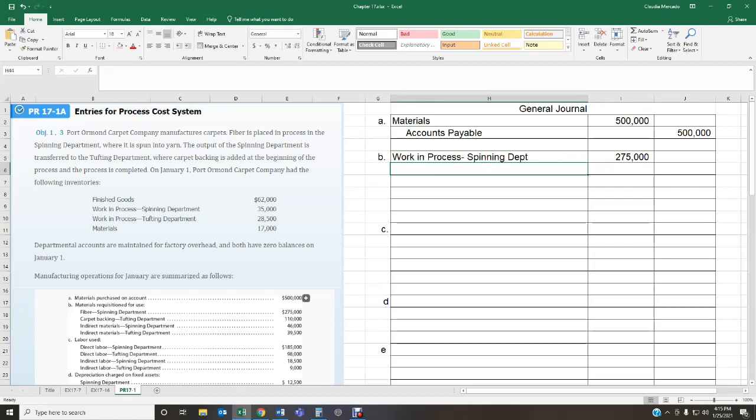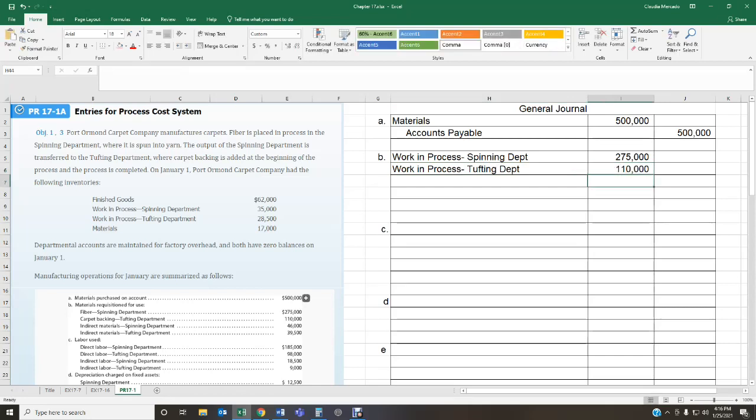So we got the material from the warehouse, and now we put it into our working process because now we've started using or manufacturing the carpet, and it's in stage number 1, which is the spinning department. We are also requisitioning carpet backing for the tufting department. So that's going to go into my working process for the second department, which is the tufting department.